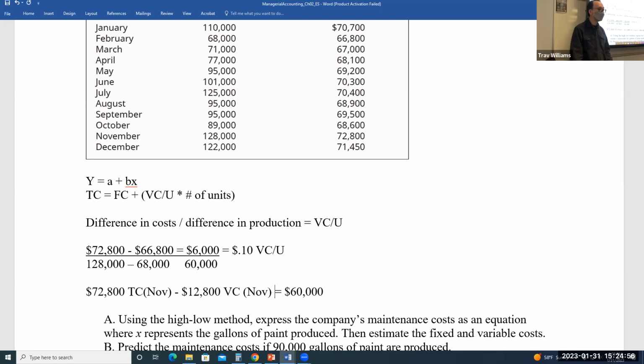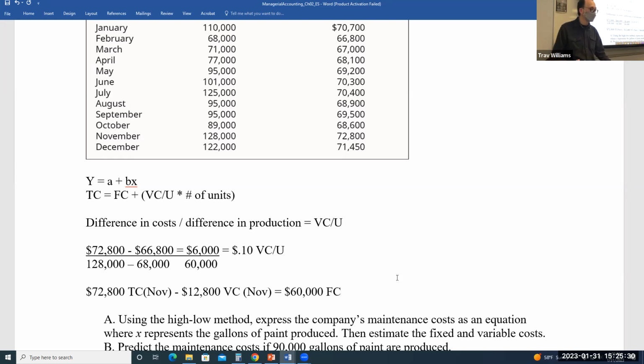Right, and the way we figured that out was we took the variable cost per unit times the number of units for November to get that variable cost. And that tells us now our fixed costs. So we've already figured out our variable cost per unit and our fixed costs. Now we can put that into our formula and use it to predict our costs at every level of production.